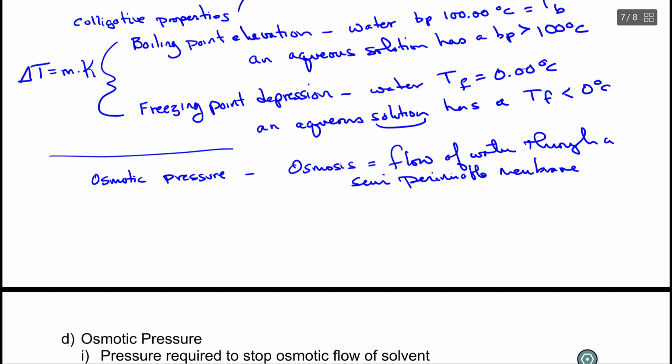In essence, you have a membrane which doesn't allow solute to travel through, but allows water molecules to move through.